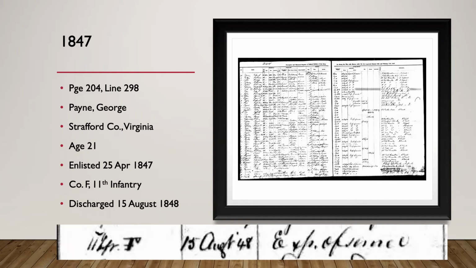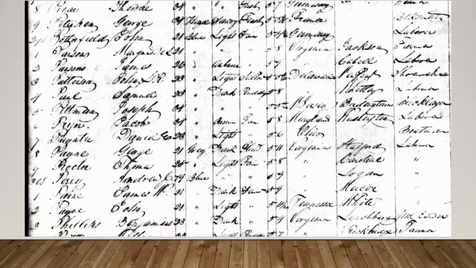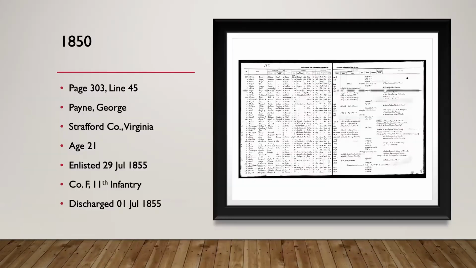That might be considered by some to be the end of the show, but don't forget we still have two others we might look at to see what's going on. Well, we look at this one and we find George Payne. This happens to be the 1850 entry. Page 303, line 45, George Payne, Strafford County, Virginia.